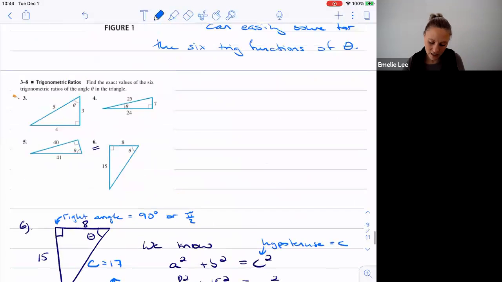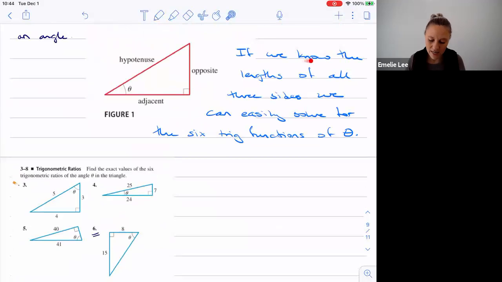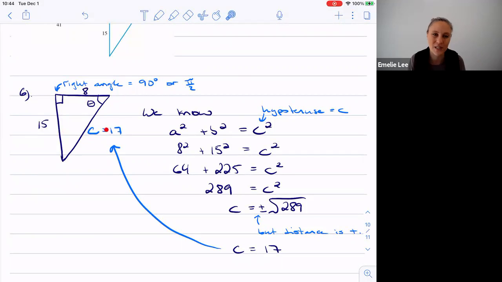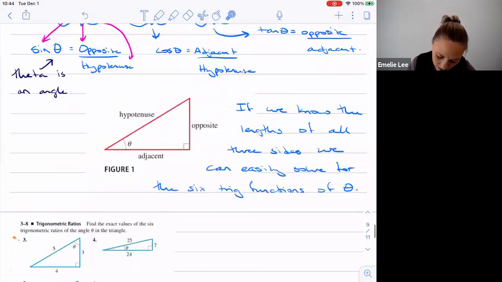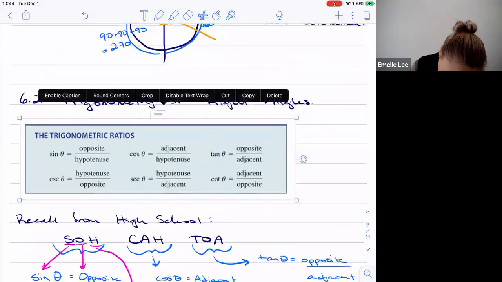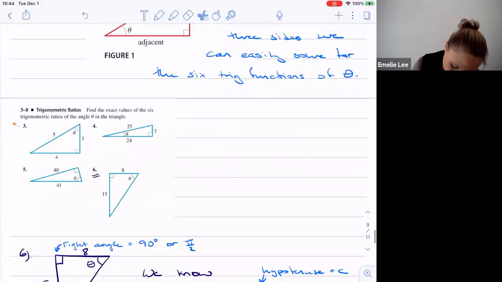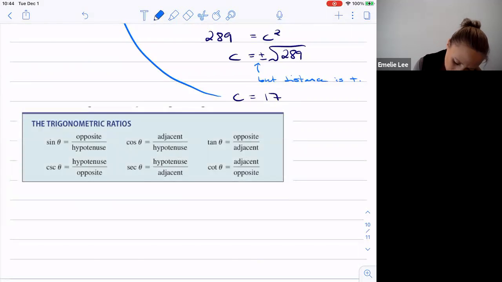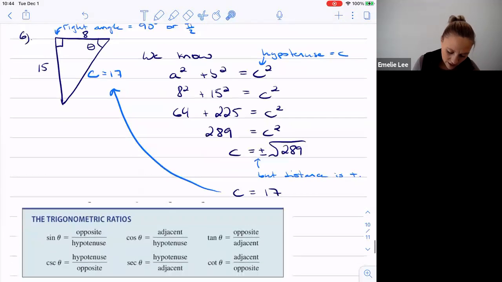Like I said, now if we know the lengths of all 3 sides, we can easily solve for the 6 trig functions, which is what we want to do here. So now that I have these 3 sides, I can figure out what each of these functions are. I'm just going to copy and paste this. Here I need to keep track of which is my opposite, my adjacent, and my hypotenuse.